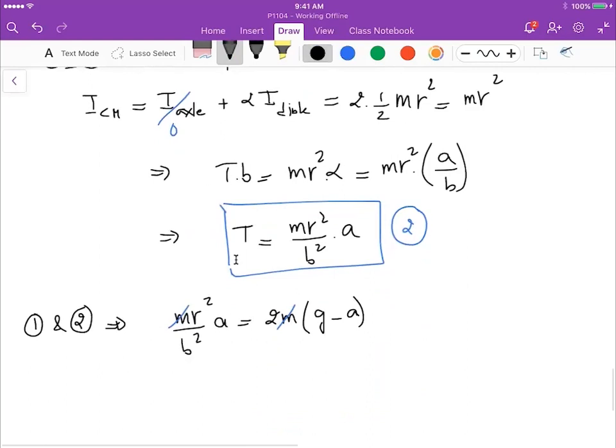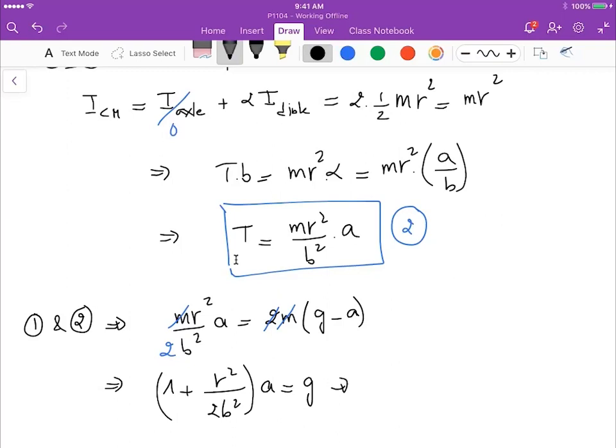So if we divide by 2 فينا نشيل هون ال 2. فبصير في عنا 1 plus r squared over 2b squared multiplied by A is equal to g.